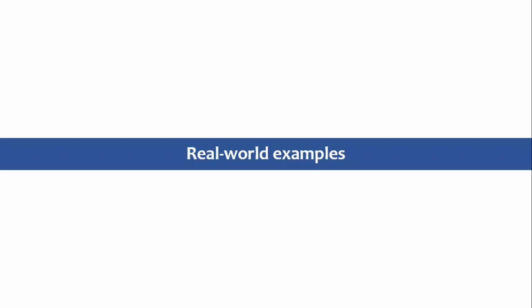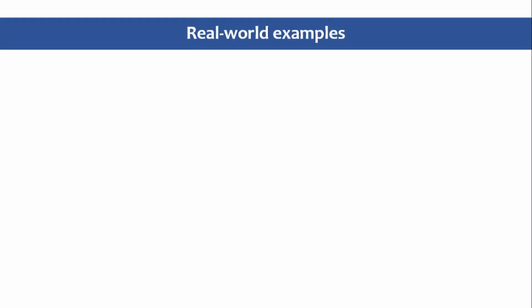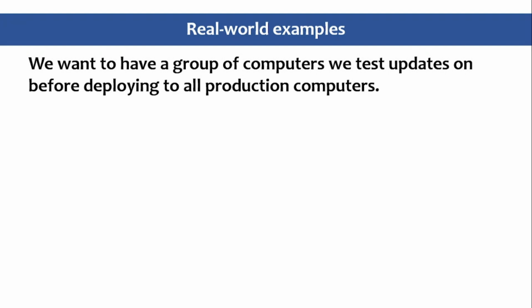So let me discuss some real-world examples. Let's say we want to have a group of computers we test updates on before deploying them to production computers. This is the practice followed in most organizations.